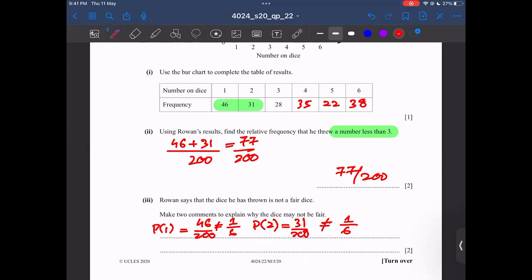The second comment is that the sample is too large. See, we are throwing a dice 200 times. The sample is too large. The larger the sample, the more deflection you can have in the values.